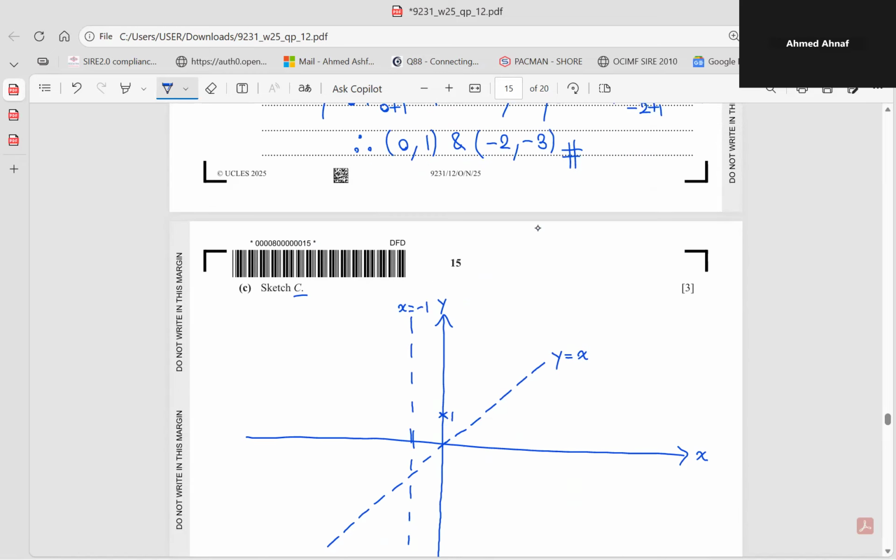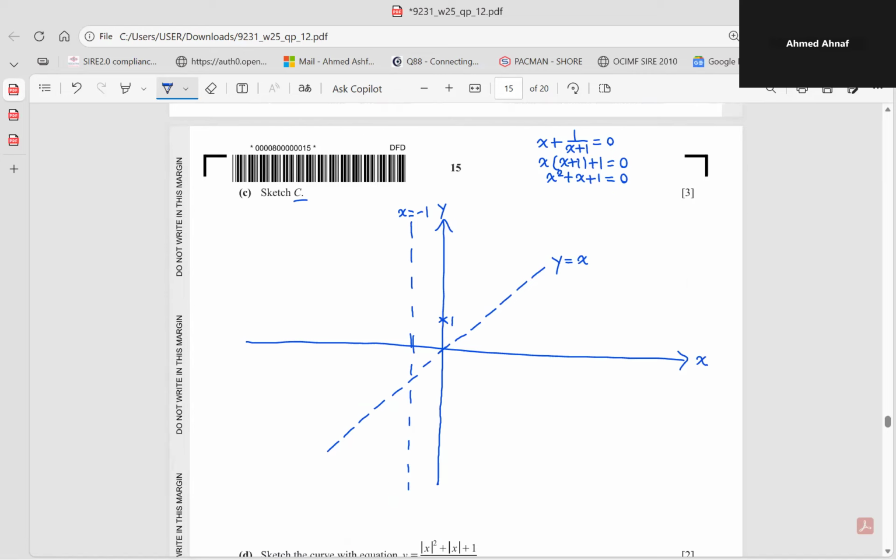So x plus 1 over x plus 1, now equate it to 0, and get x times (x plus 1) equals 0. So this is x squared plus x plus 1 equals 0. Now we're going to have to see if this equation has any real solutions or not. And no, it doesn't have any real solutions. So there are no x-intercepts.